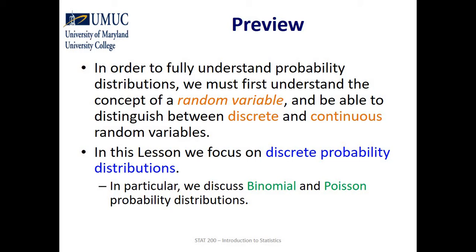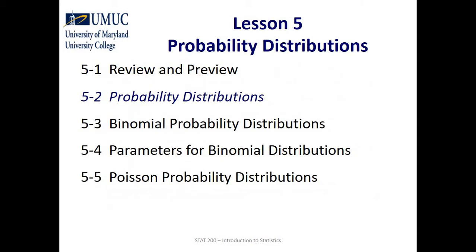In particular, we're going to focus on the binomial and the Poisson probability distributions. This term right here is pronounced Poisson. When we get into lesson 6, we'll look at continuous probability distributions, the standard normal distribution, and then just the normal distribution by itself.